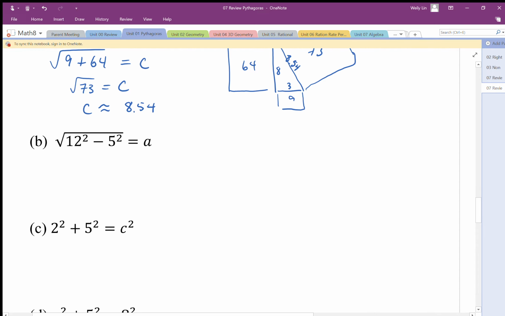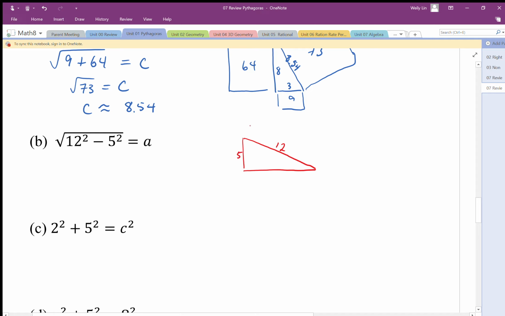When I look at this next expression, 12 represents a side length, 5 represents a side length, A represents a side length, 12 squared and 5 squared are areas, and the number inside the square root represents area. So it's going to look like this. I have the long side 12, a shorter side of 5.